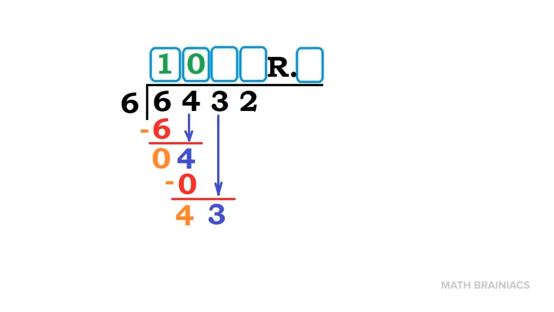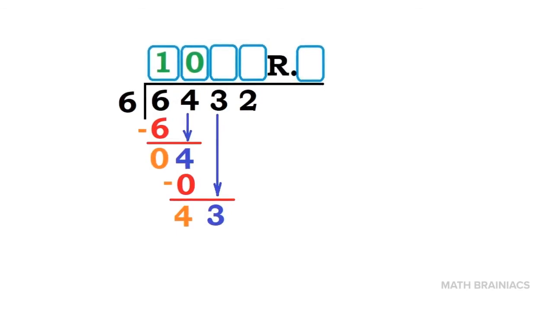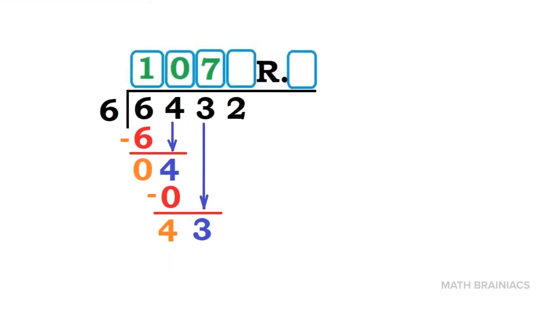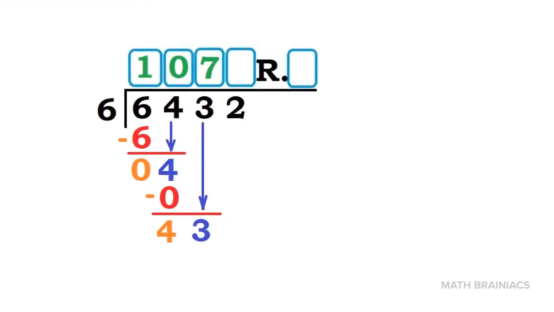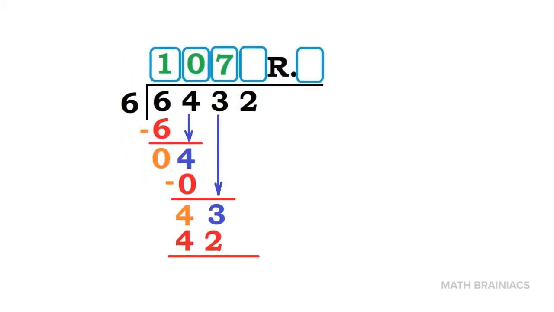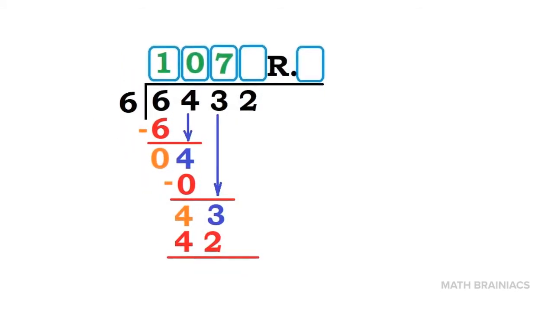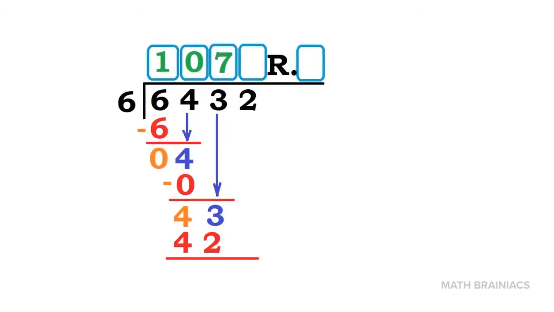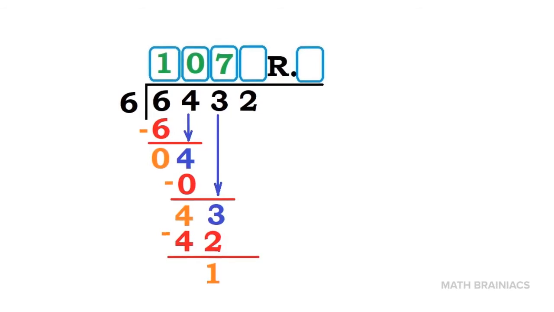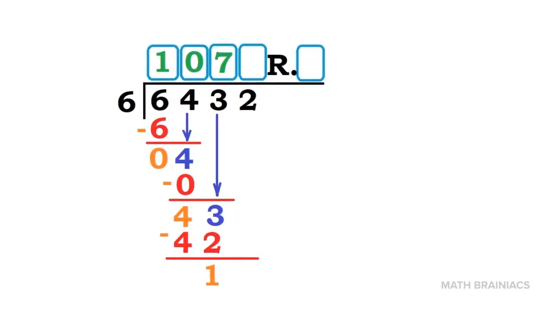Then, we can bring down the 3, which is the third number in the dividend. And it will give us 43. Thereon, we can divide 43 by 6, which will give us 7. Afterwards, we can multiply the quotient 7 with the divisor 6. 7 times 6 will give us 42. Then, we can subtract 42 from 43, which will give us 1.